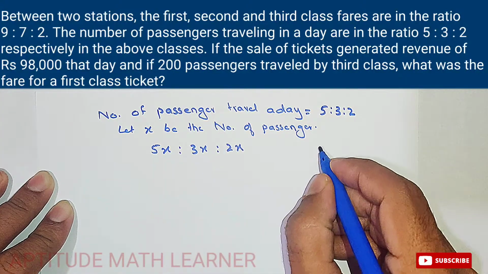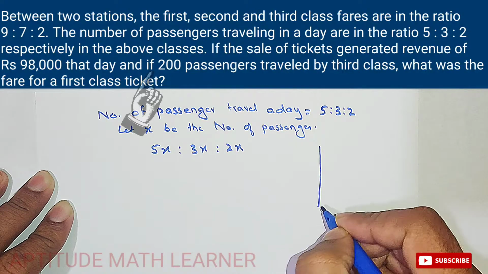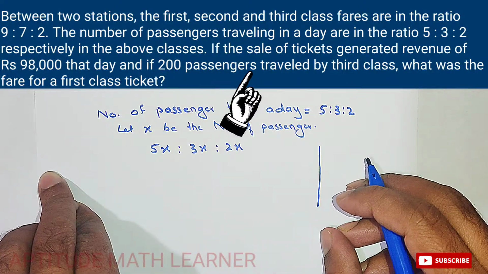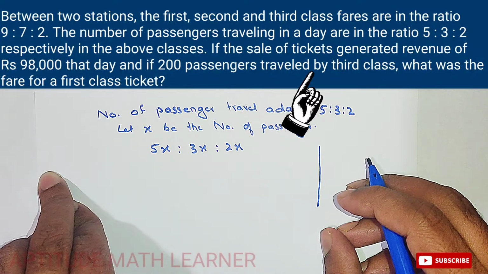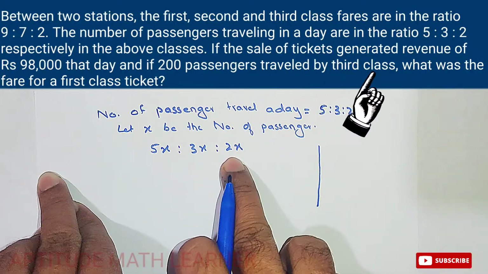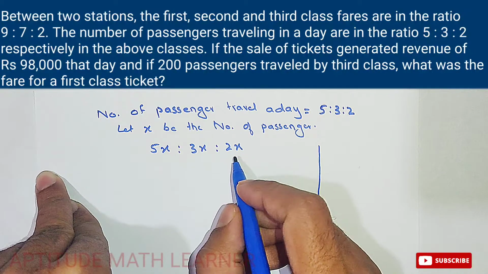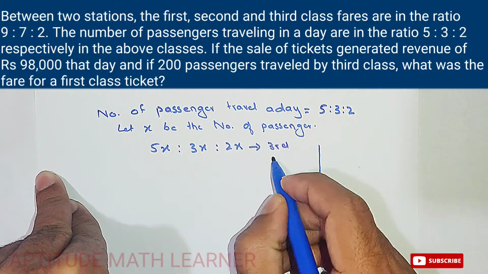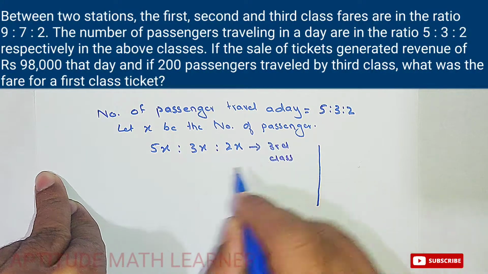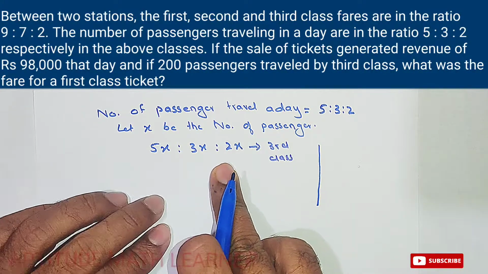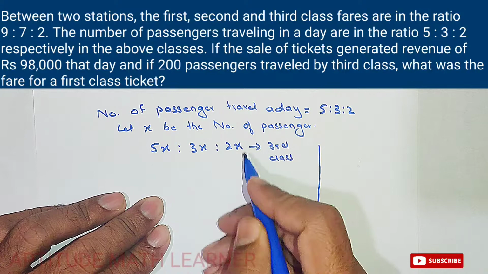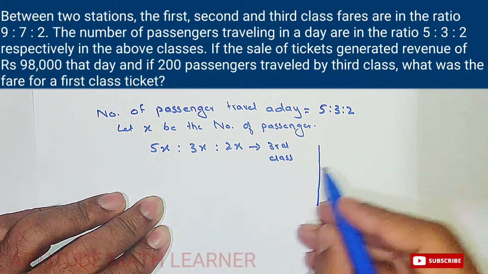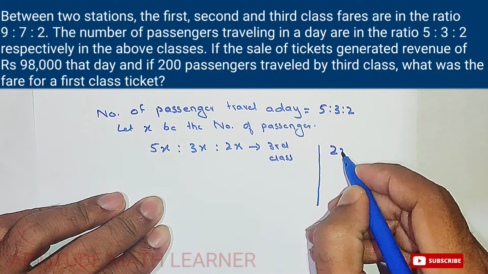In the question, only the number of passengers who traveled by third class is given, and the ratio for them is 2x.